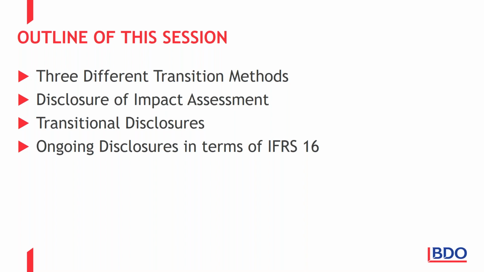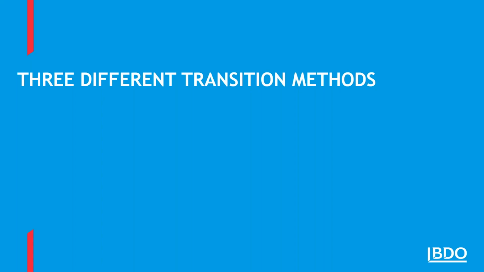And then also, lastly, we'll talk about the ongoing disclosures in terms of IFRS 16. So not on the date of transition, not in the first year, not currently, but ongoing in future. What is the information you have to disclose every year in respect of each and every lease?